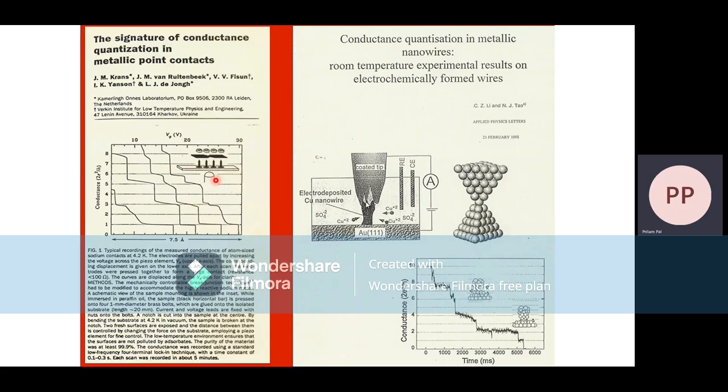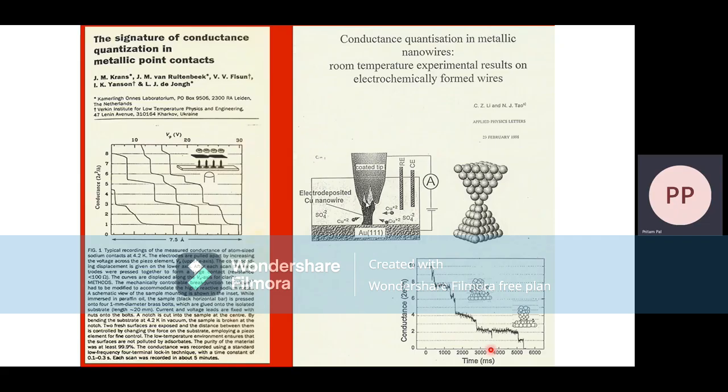Here they crushed the tip of a scanning tunneling microscope into the surface of the metal, and they pulled the tip out, and as they pulled it out far enough such that there are only maybe one or two or three atoms left in the constriction, they could see how the conductance becomes quantized. As a function of time, as the atoms leave and rearrange, the conductance drops, always in units of the conductance quantum, that is e²/h, right?